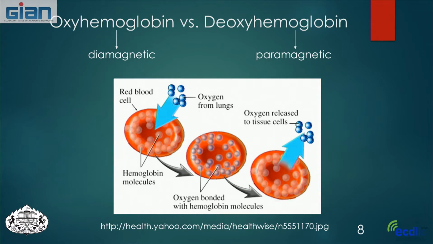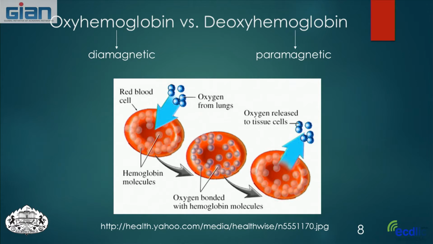But deoxygenated hemoglobin is paramagnetic. And if you remember, we said a material that's paramagnetic becomes magnetic if we put it into a magnetic field. So it has an unpaired ion or something that's giving it a magnetic property in the field.